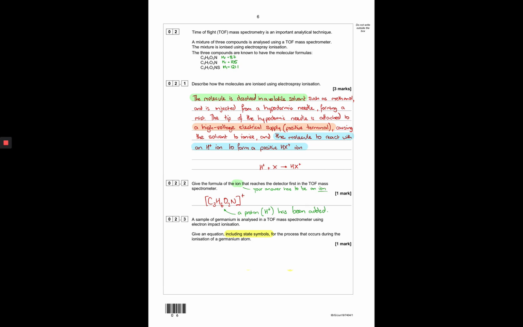I have to remember what things I've written on here. And so there's our first ionization equation. So we had to make sure it was gaseous, and then of course you could have had germanium plus an electron goes to germanium plus 2 electrons, because you could have been thinking about the electron that was being fired at it, but it doesn't really matter.